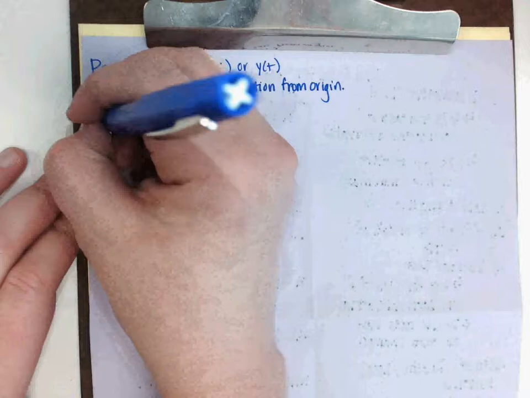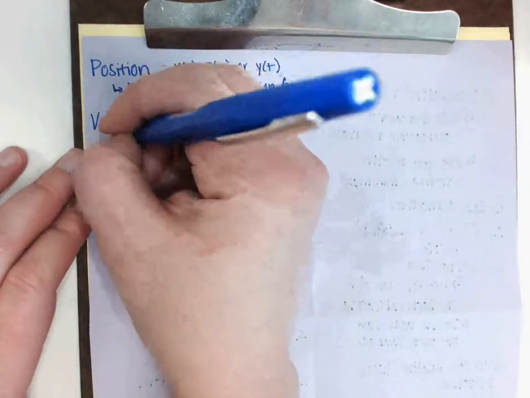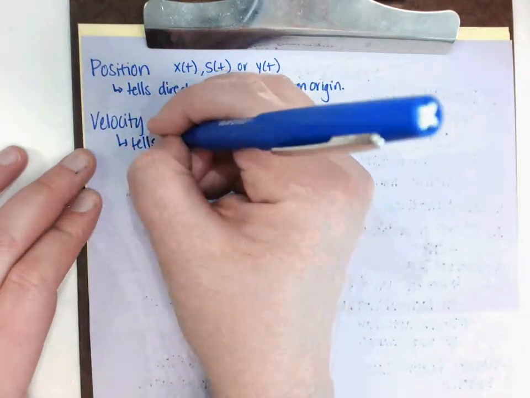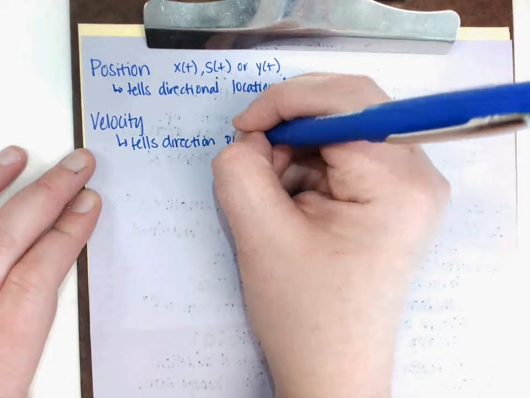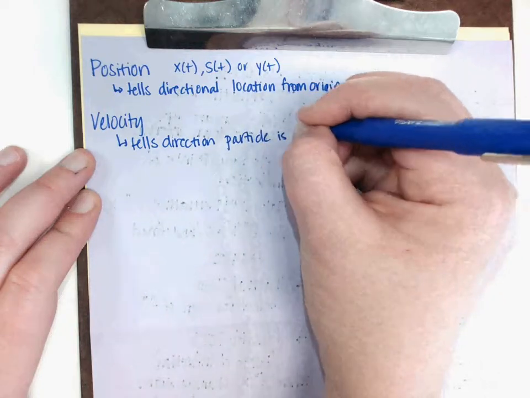Velocity. Velocity tells the direction the particle or the object is traveling.